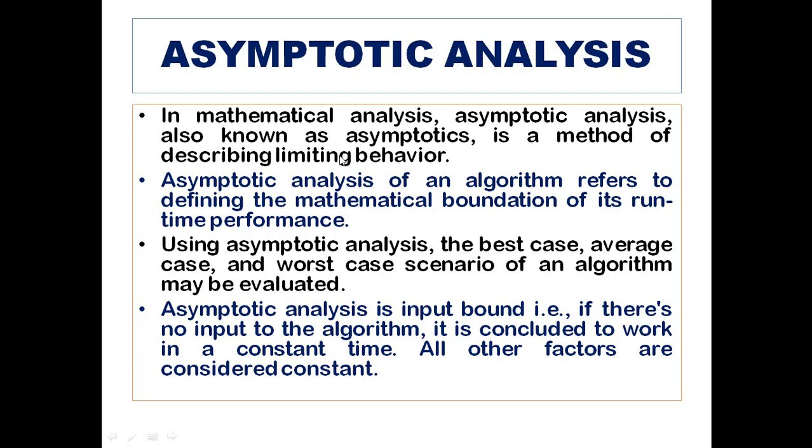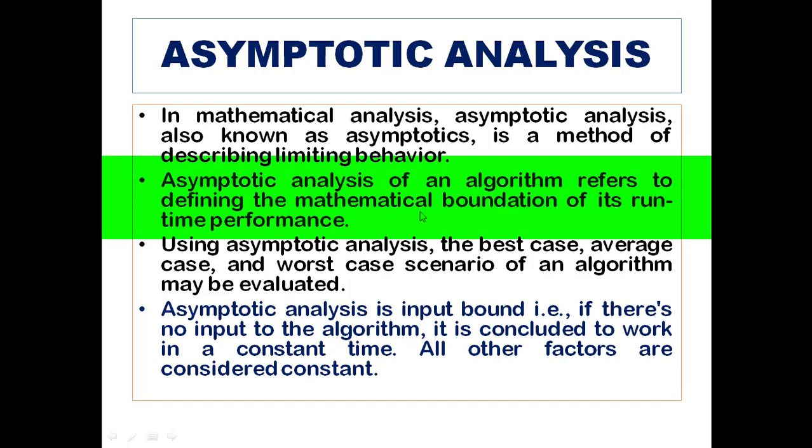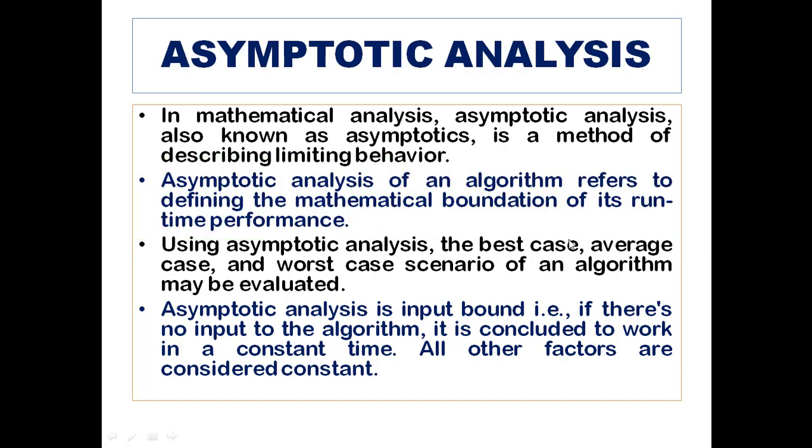Now in our case, as this is the asymptotic analysis of algorithm, asymptotic analysis of an algorithm refers to defining the mathematical foundation of its runtime performance. So here we try to define the mathematical foundations. Mathematical foundation means upper bound, lower bound, like that.